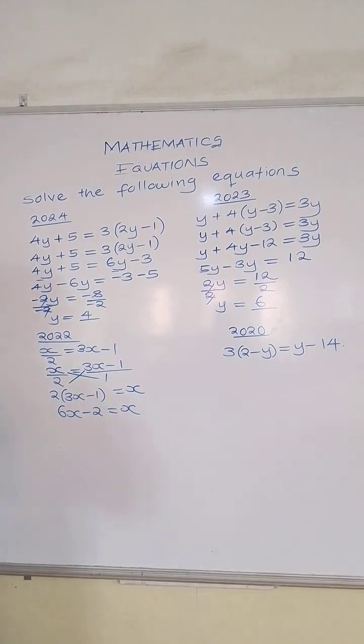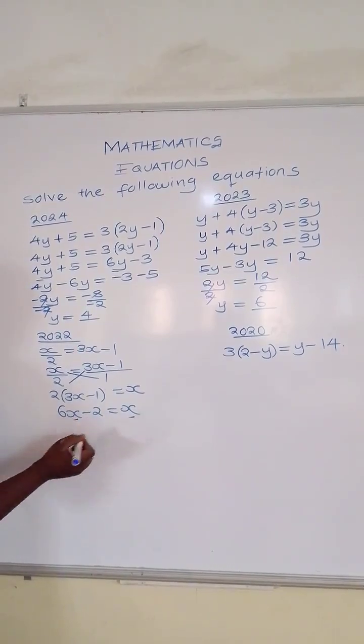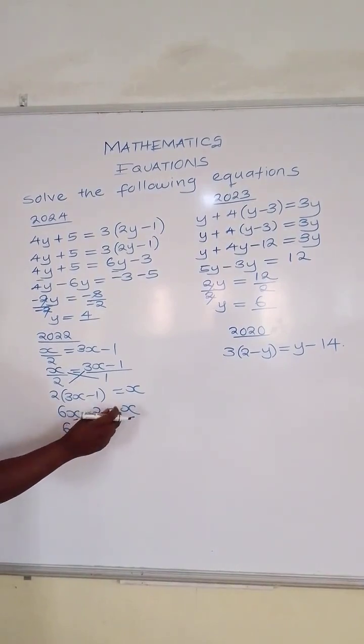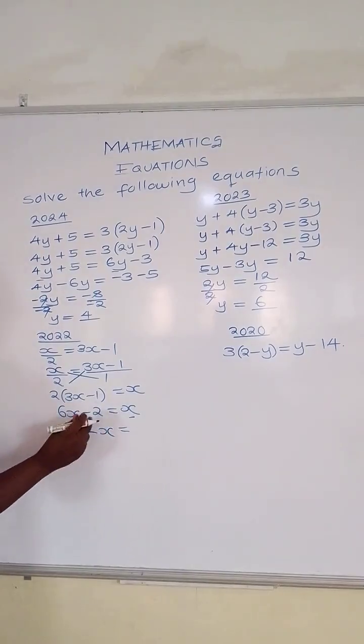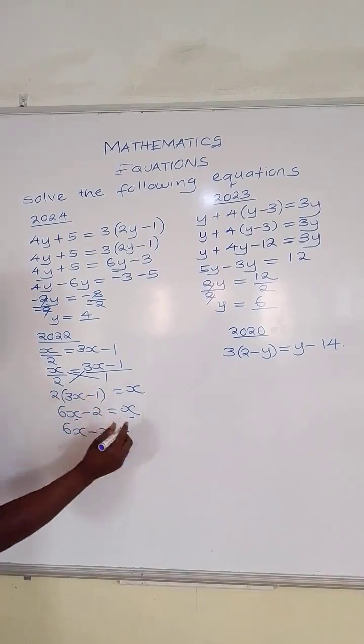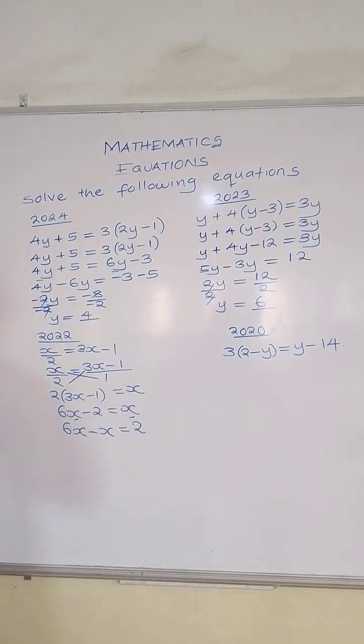Okay? So at this point, what we're going to do is we're going to group the like terms. So x terms together. So we have 6x. Now this is positive x. When you transpose this positive on the other side, we're going to have negative or minus x is equal to, this is negative 2. When you transpose this on the other side, we're going to have positive 2.